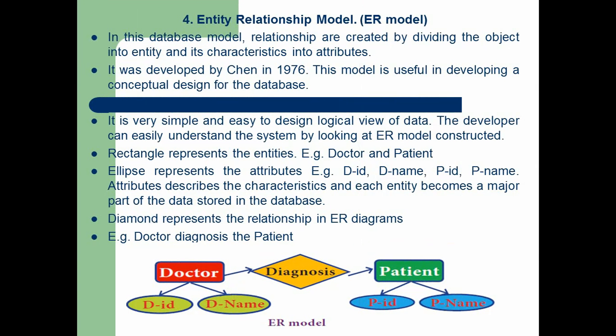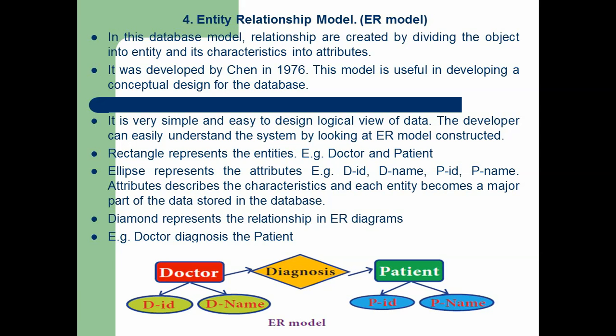Next one is the ER model or entity relationship model. It was created by dividing the object into entities. A new concept was introduced by Chen in 1976. Here, a new term was used called entity. It is a very simple and easy design logical view of data. The developer can easily understand the system by looking at the ER model constructed.